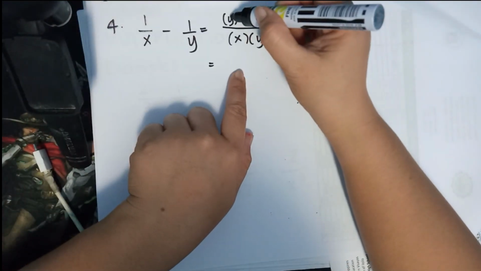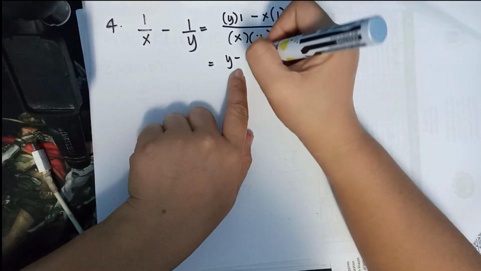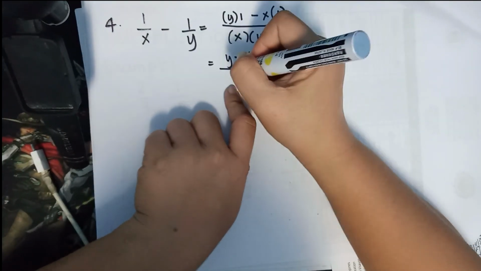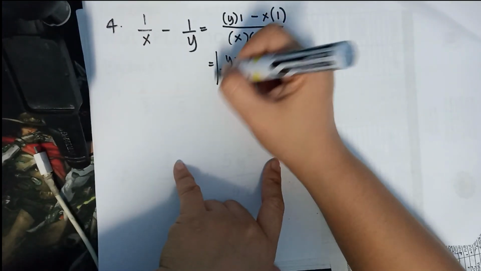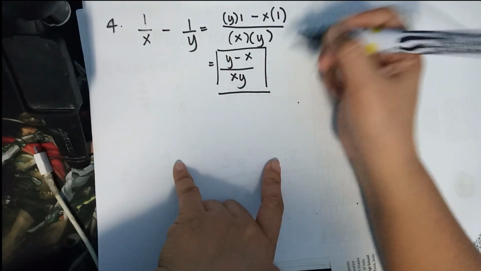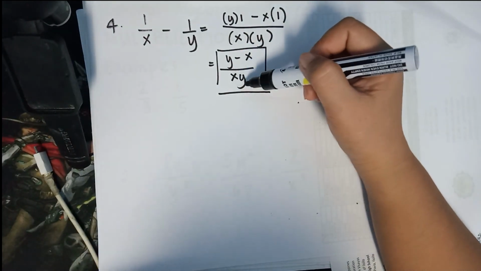And we have y times 1 is y minus x times 1 is x over x times y is xy. And that will be our final answer. Y minus x over xy.